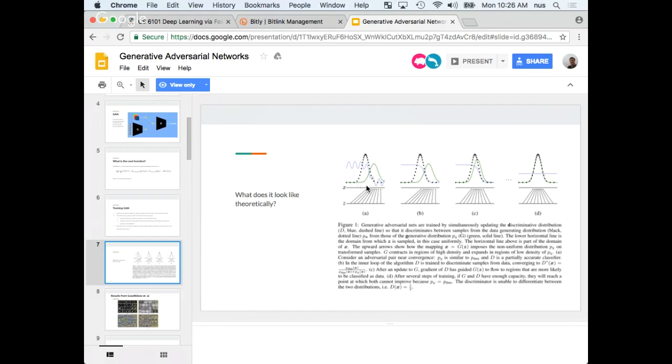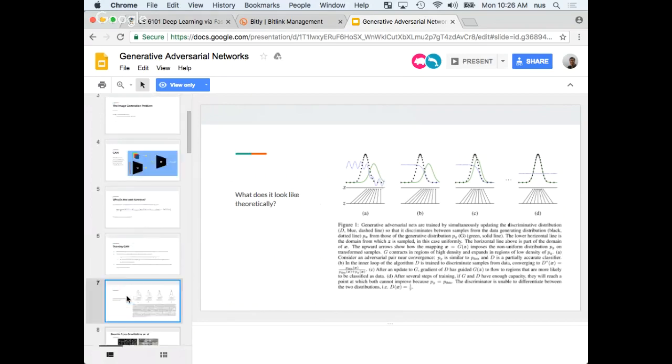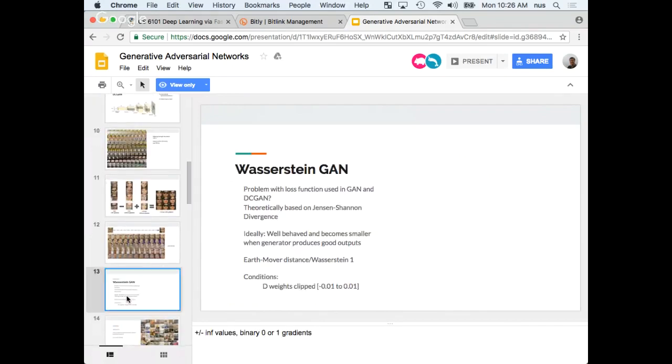You have these measures such as Jensen-Shannon divergence or KL distance measures, things like that, which measure how well they overlap with each other, for example. So the GAN papers that we've seen so far are based on the Jensen-Shannon divergence. Now, this isn't a good metric to use at all times, because this is one of the reasons which causes these not well-behaved functions.